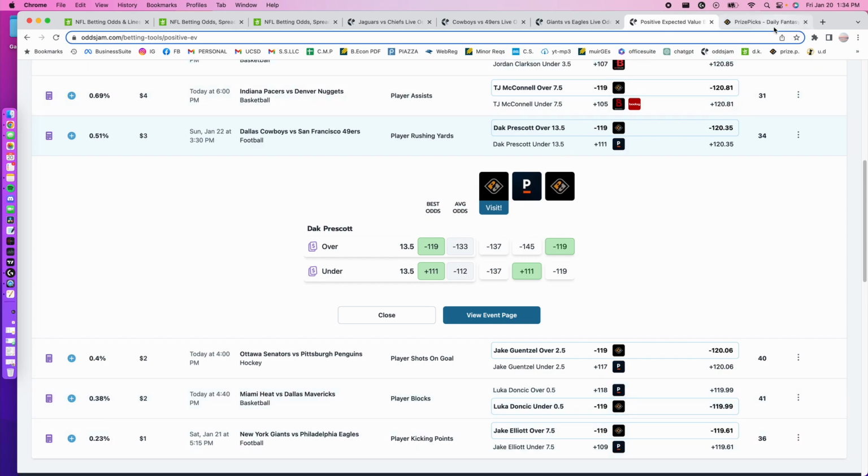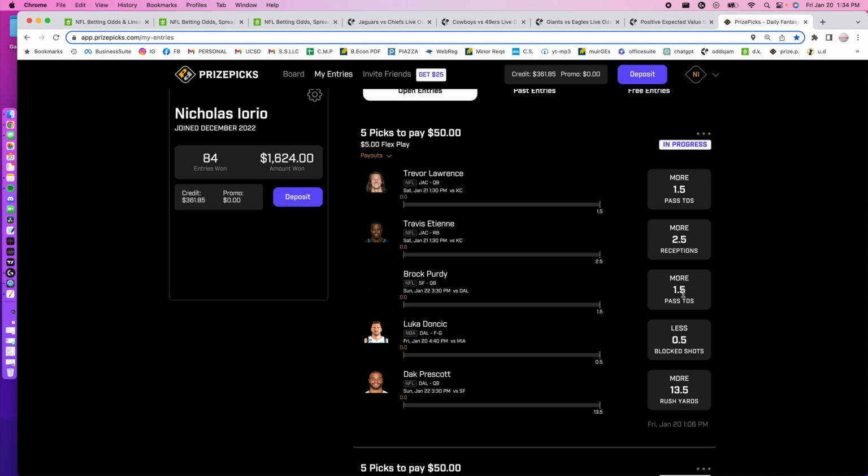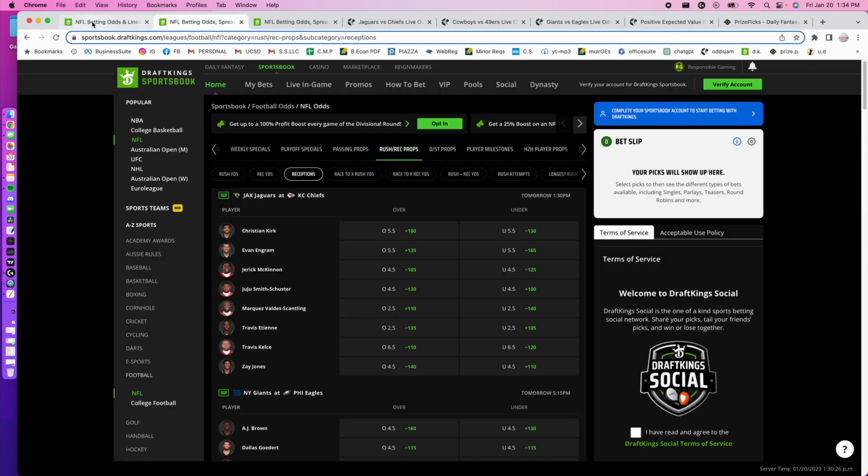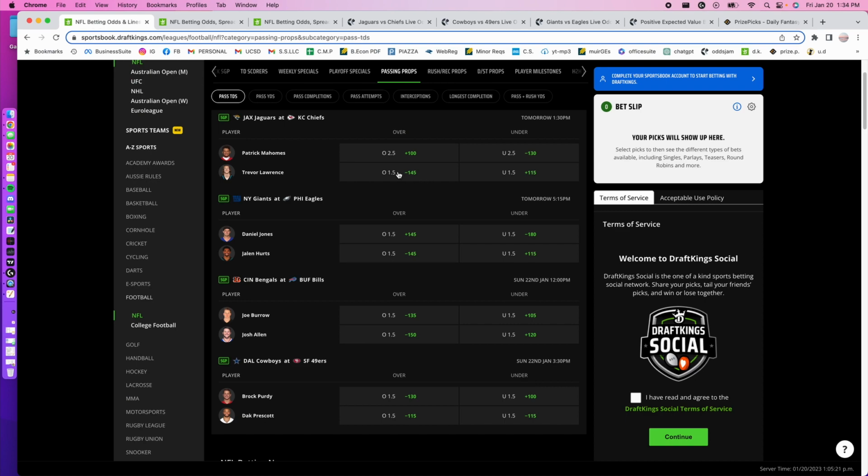But here are some of those picks. Brock Purdy and Trevor Lawrence aren't on the positive EV tool, but if you go over here, you see Trevor Lawrence is very favored, and as we covered earlier, most sportsbooks have a 6% cut in their vig.